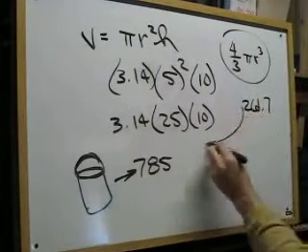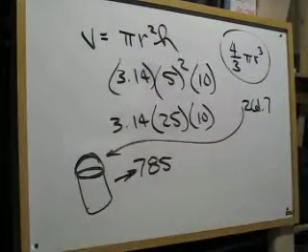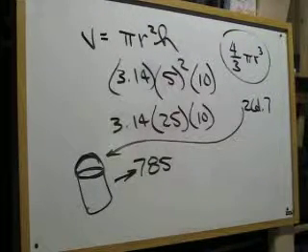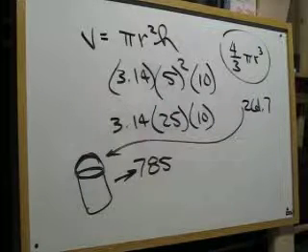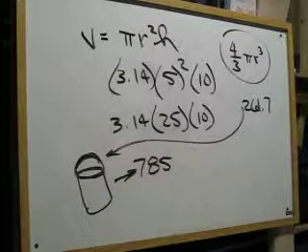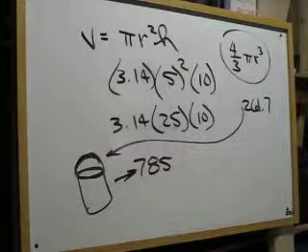So this is the volume of that top part, and we add those two together to get the volume of that entire trash can looking thing there.